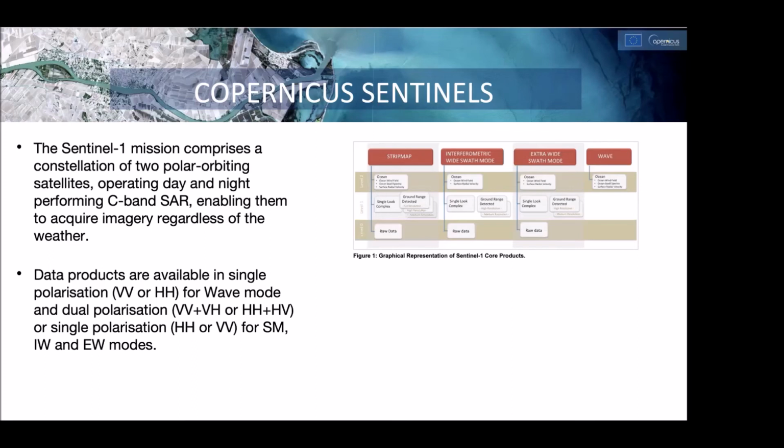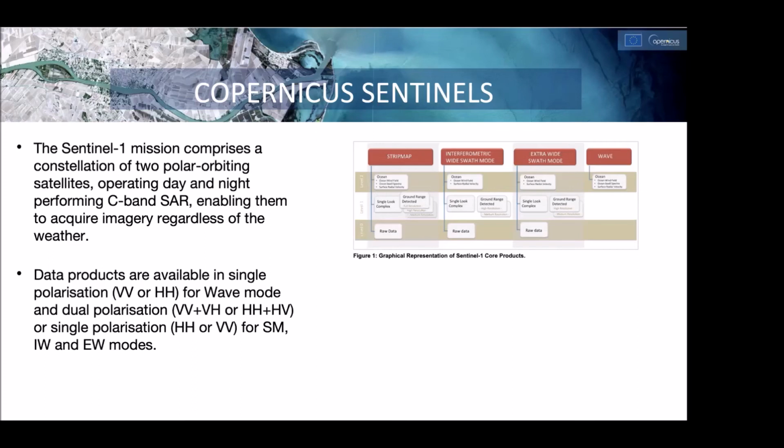So essentially, what you're doing with SAR is you're shooting the energy, and whatever comes back, you're recording it. The advantage of that is the fact that you don't need the sunlight. So Sentinel-1 is actually acquiring both day and night, and it's acquiring in both directions as well.